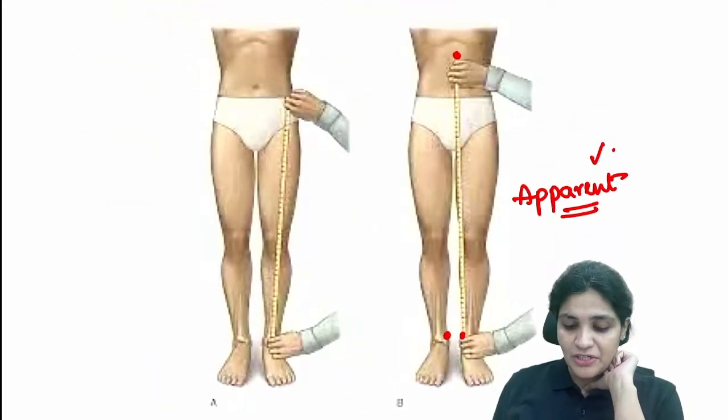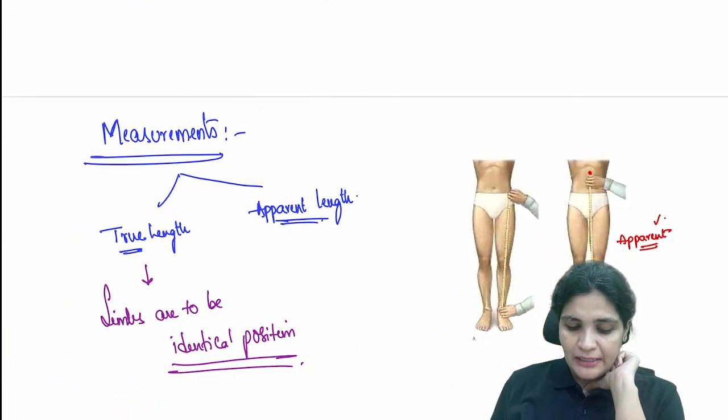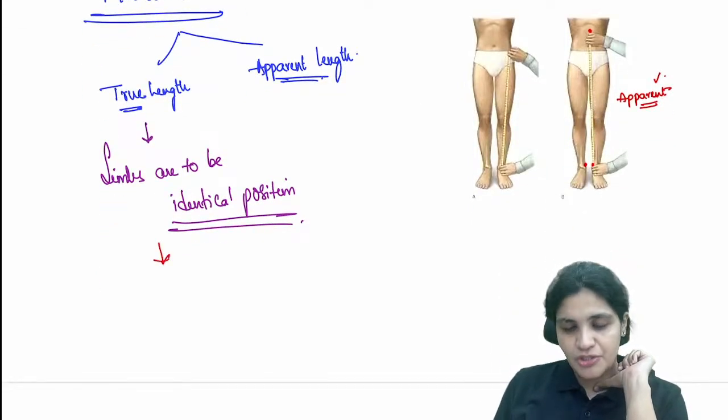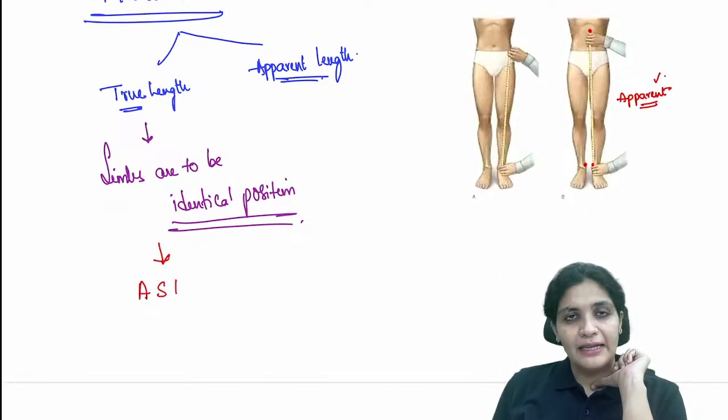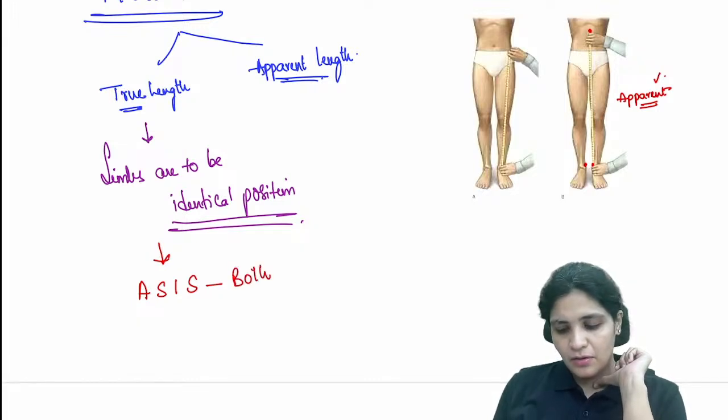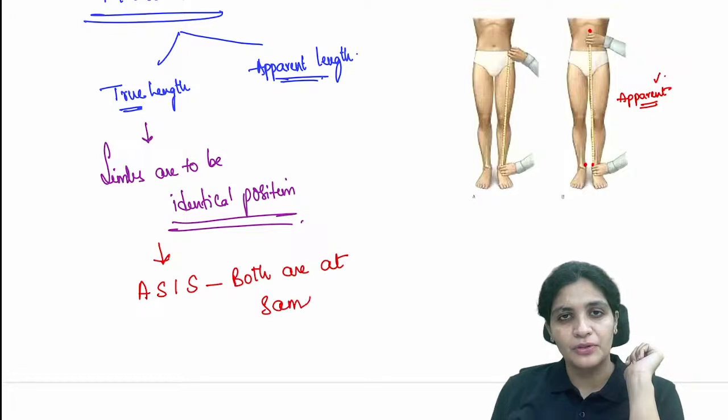Then comes the true measurements, where you have to put the limbs in identical position. So how do you know that they're in identical position? You have to mark the anterior superior iliac spine and check that both are at the same level.